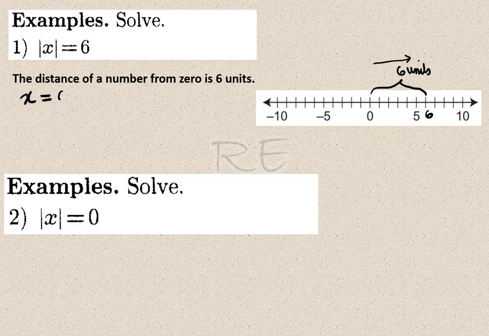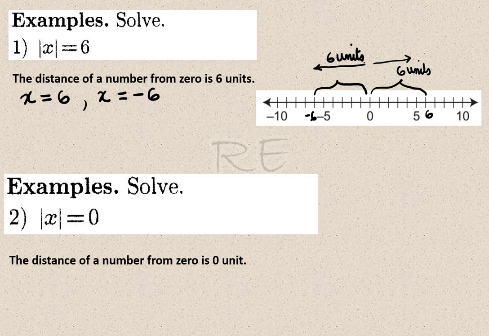X is equal to 6. And if we move left 6 units from 0, that distance is 6 units. So those two numbers are x equal to 6 and x equal to negative 6.